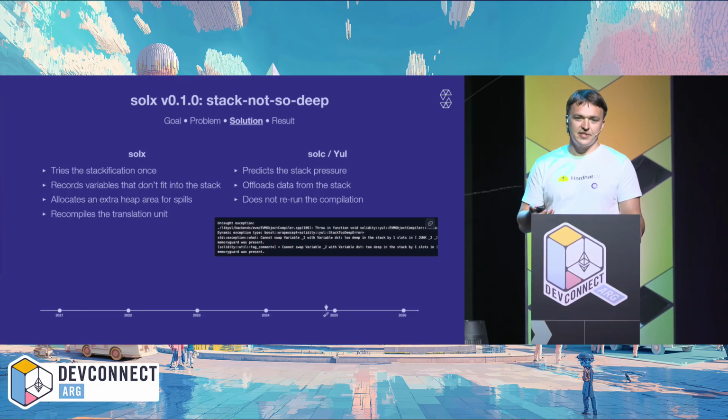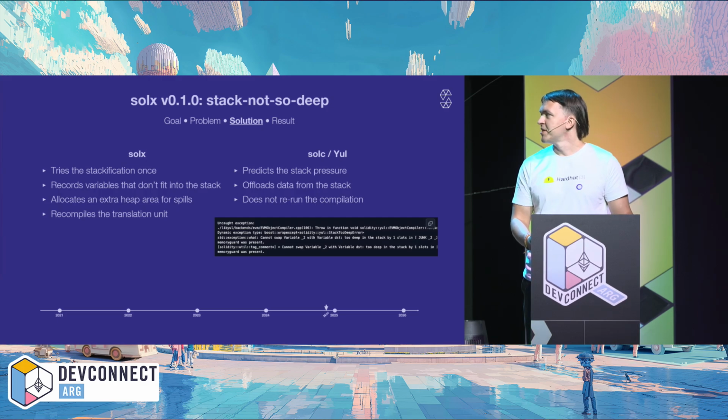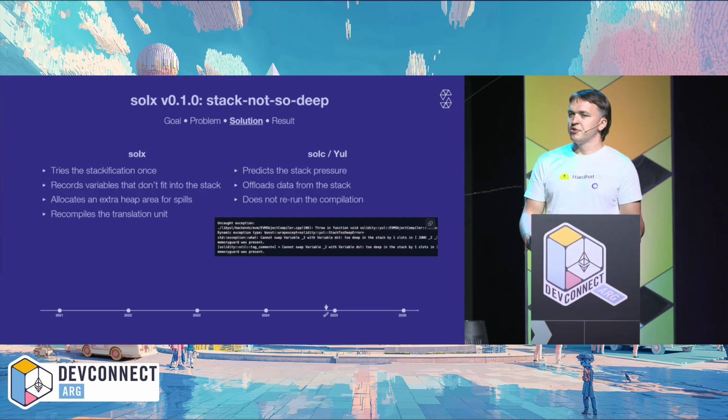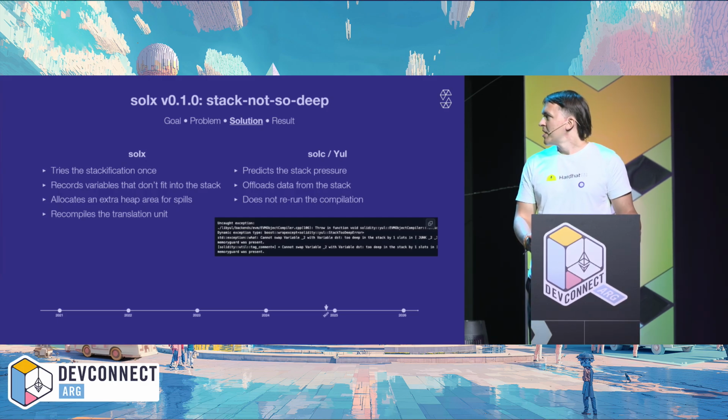If you still have stack too deep with the solx, it's a critical bug, please submit it to us. It's a P0, we will fix it. Yeah, on the other side, you can see that Yule, even in the latest version, still has these crazy errors. So apparently, the solution is not perfect.